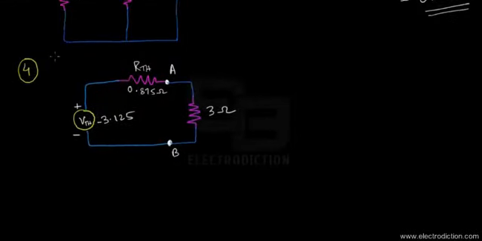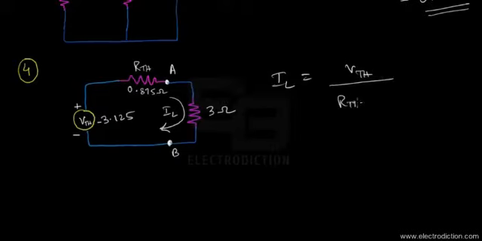And this is our 3 ohms resistor, which we had previously removed from across the terminals A and B. Now let's find the current that's going to flow through this 3 ohms resistor. Let's assume we get a load current IL flowing through the 3 ohms resistor over here. We can find the value of IL, which would be given as VTH divided by RTH plus RL. This is RL, that's the 3 ohms resistor.